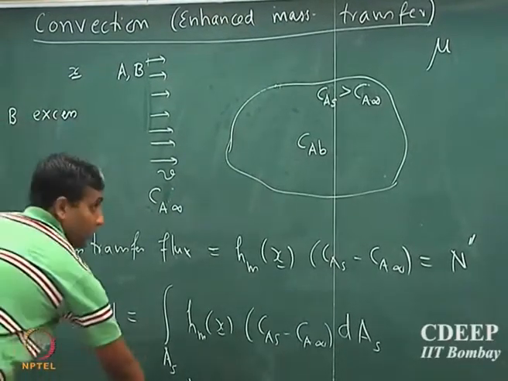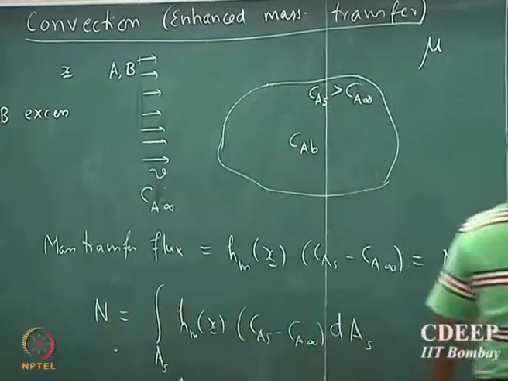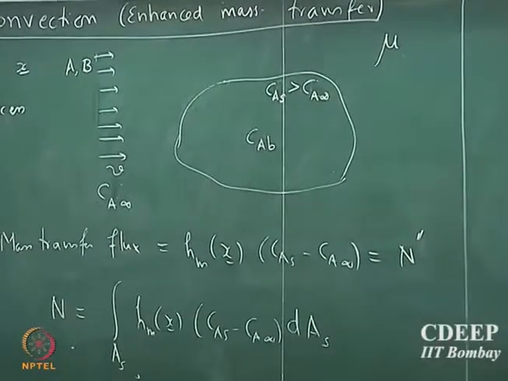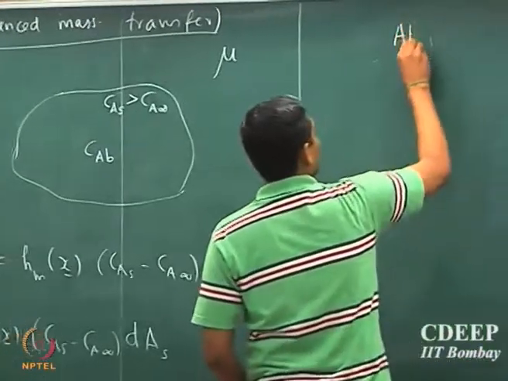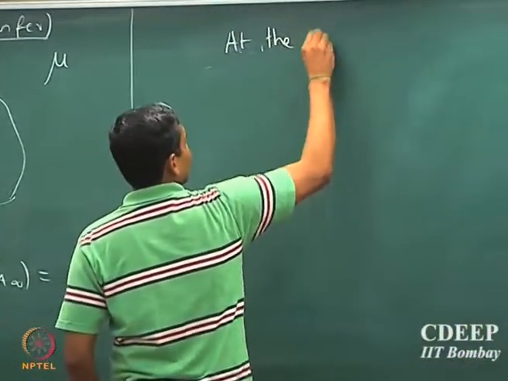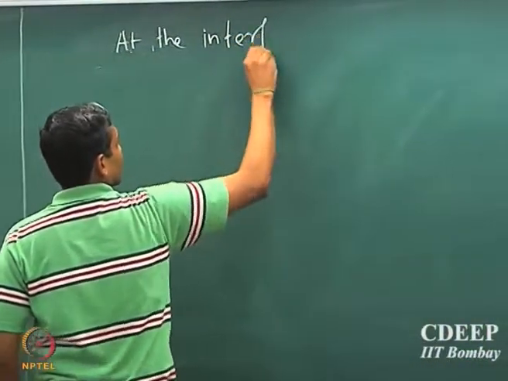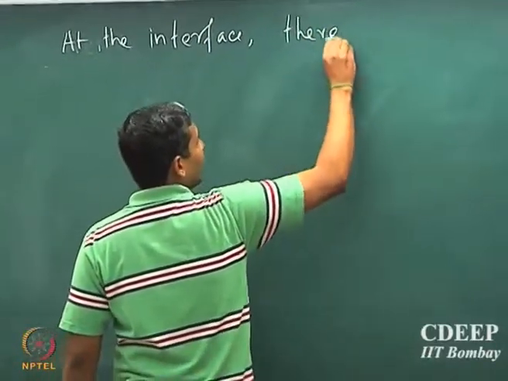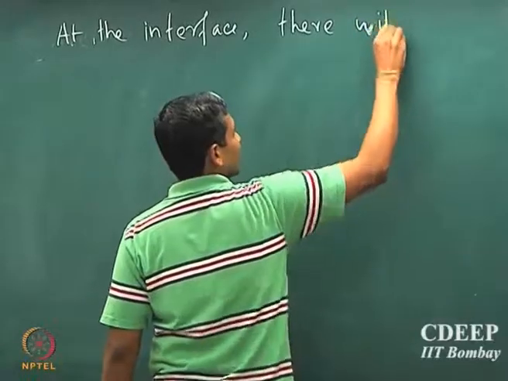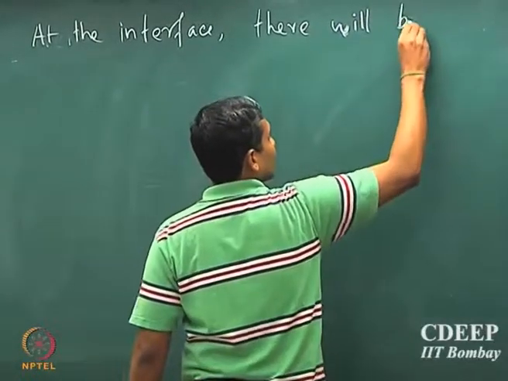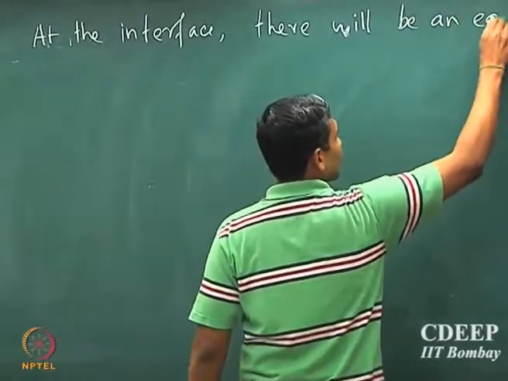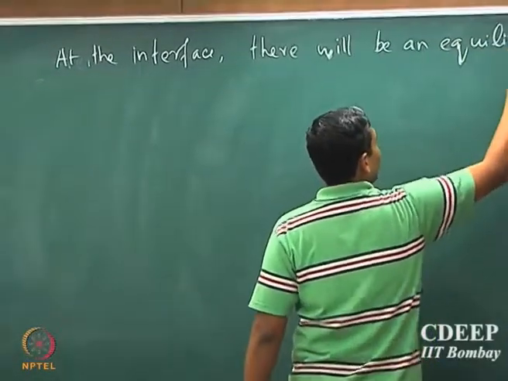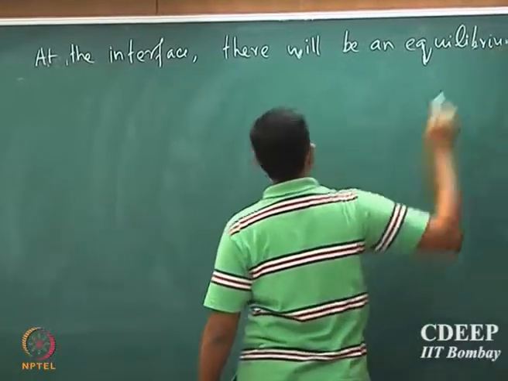So the correct way to do it is, at the interface, there will be an equilibrium between the two phases.